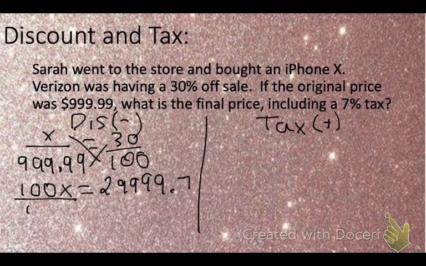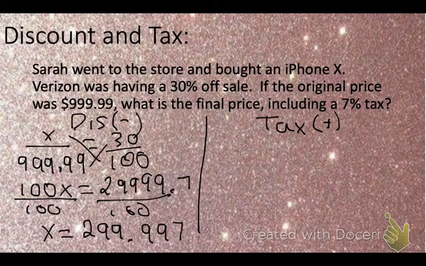And when I divide by 100, I get x equals 299.997. We're going to round at the very end. Do not round till the end. All right, so that is my discount.